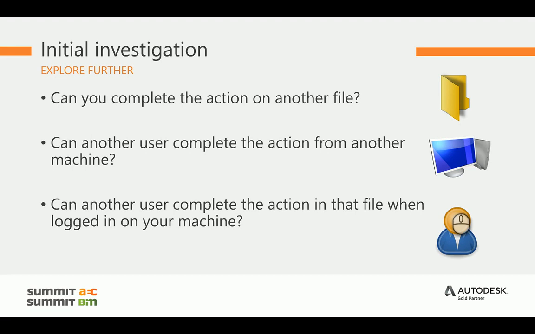Armed with this information, you can look for other likely culprits. Take note of any major changes that have recently occurred in the file, including linked files. Check the linked files for similar behavior, and look for recent changes to Revit, possibly something rolled out by your IT department. Make sure your Revit install has the latest updates.